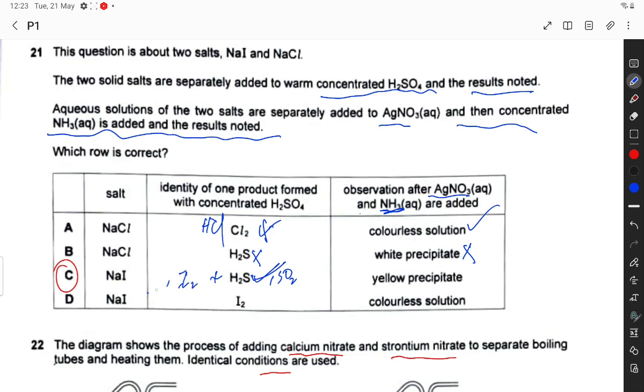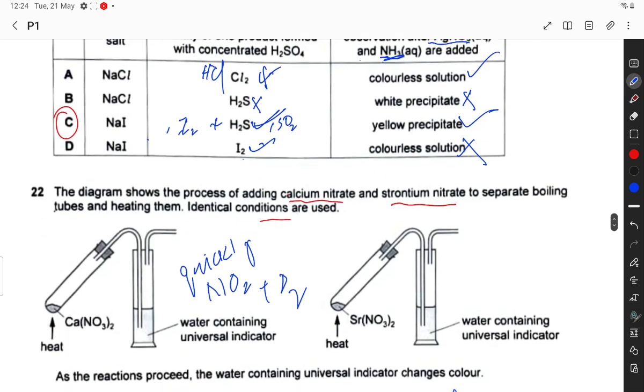So many products are formed when sodium iodide reacts with concentrated sulfuric acid. So yellow precipitates remain insoluble with addition of ammonia. So that's why C option is the correct option. Yellow precipitates are formed, and sodium iodide, iodine is correct. Colorless solution is incorrect. So that's why C option is correct.